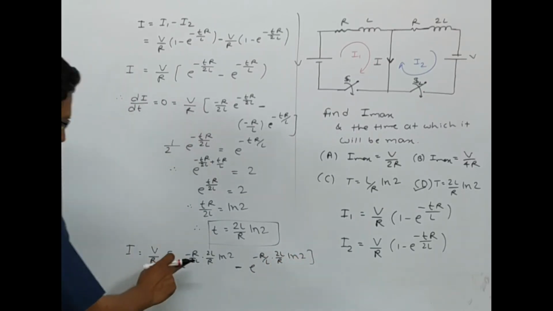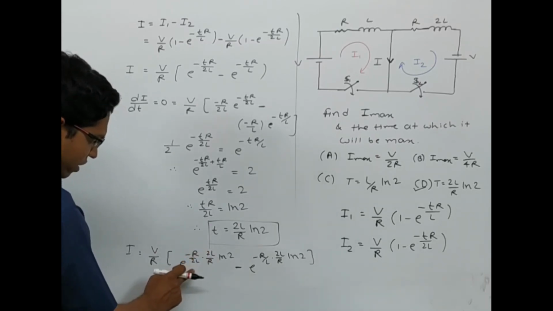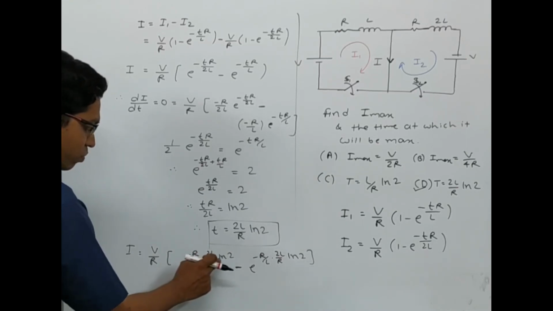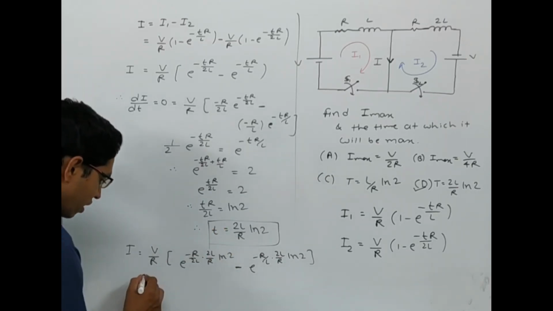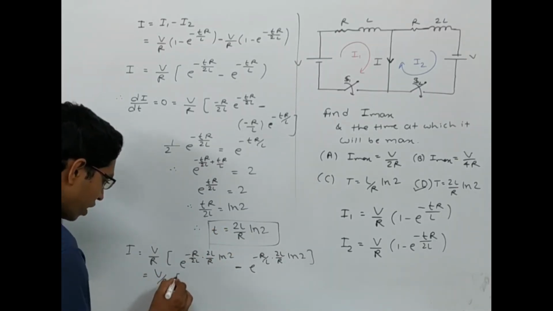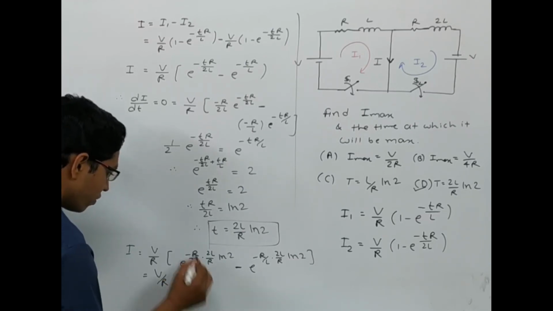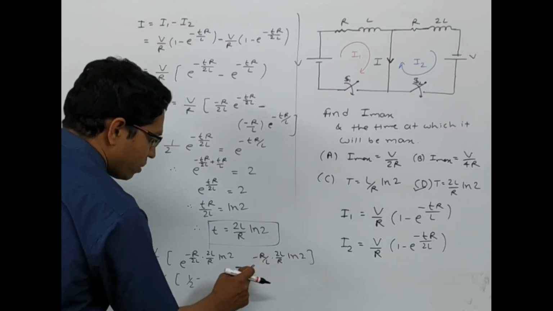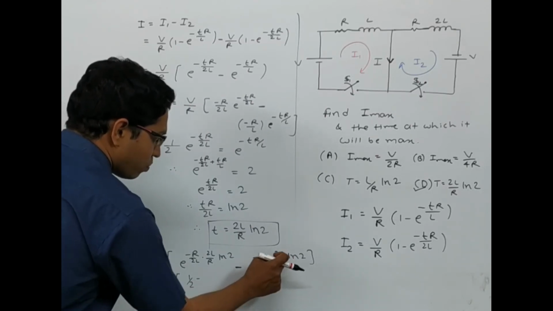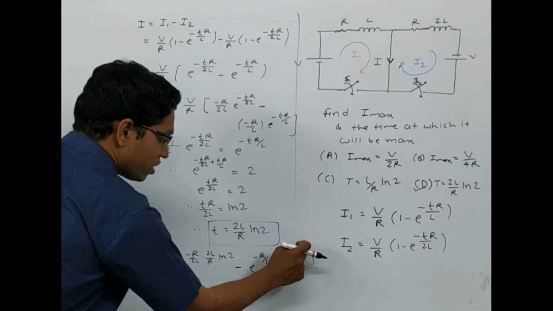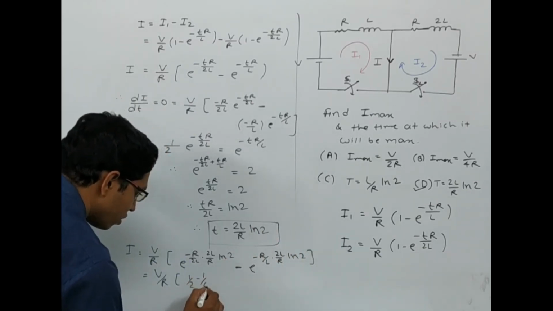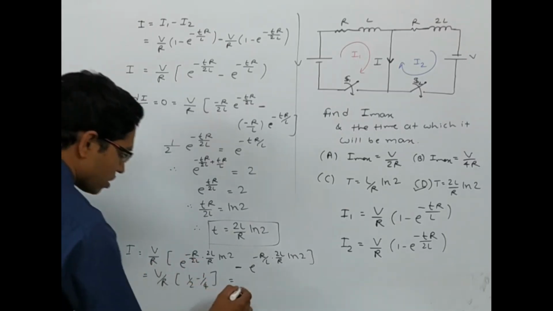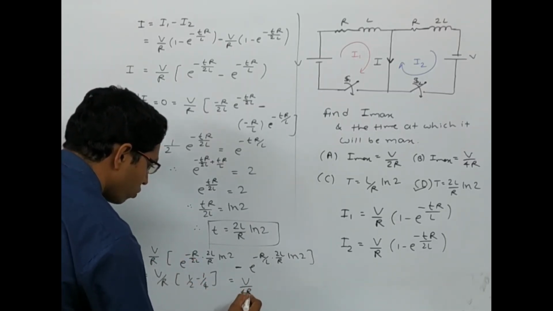Using the simple property, R by L cancels out, so e raised to power minus ln 2, which is e raised to power ln 2 raised to minus 1, gives 1 by 2. Similarly here it becomes minus e raised to power ln 2 raised to minus 2, which gives 1 by 4. Therefore, finally, this is going to be V by 4R.